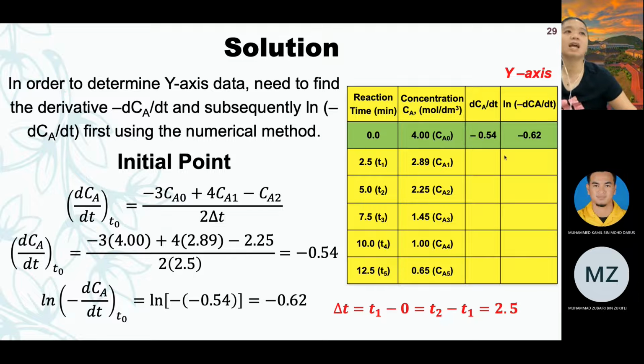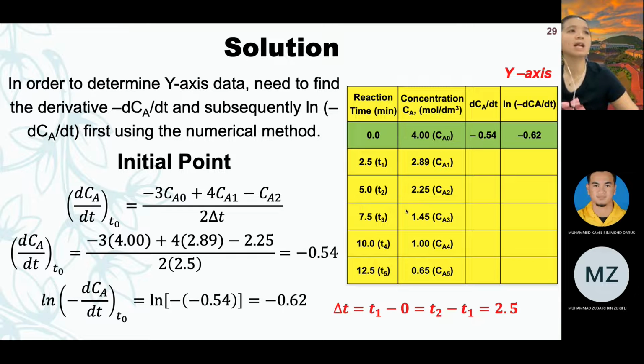So you will get negative 0.54 for your dCA per dt, and therefore your ln minus dCA per dt as negative 0.62. Okay, so that's the first one that you get.